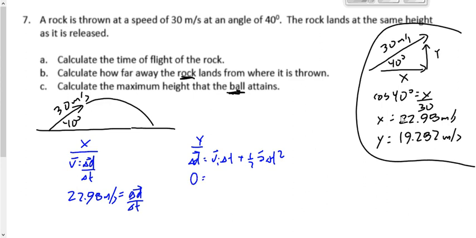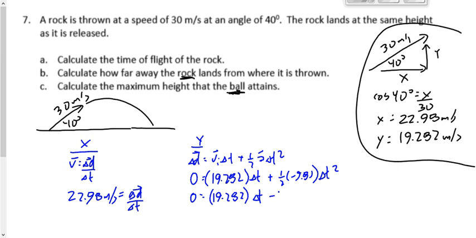And v_i, for the y component, what is it? 19.282, good. Don't know time, plus 1/2 of negative 9.81 times time squared. Simplify a little bit. Half times negative 9.81 is negative 4.905.